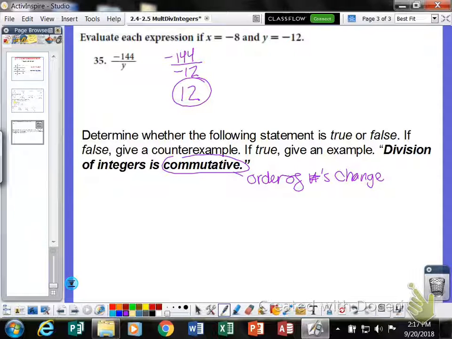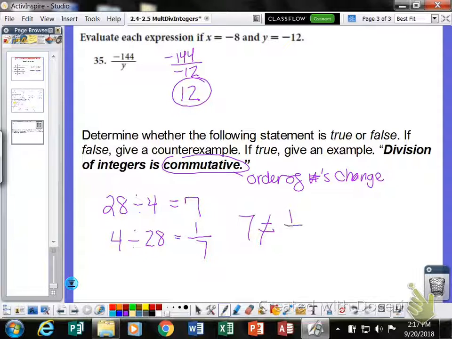So just think of any number. So 28, and I'm going to divide that by 4. I know that that is 7. The commutative property would say that the 28 and the 4 would switch places. Now I have 4 divided by 28, which is 1 over 7. 7 is not the same as 1 over 7.